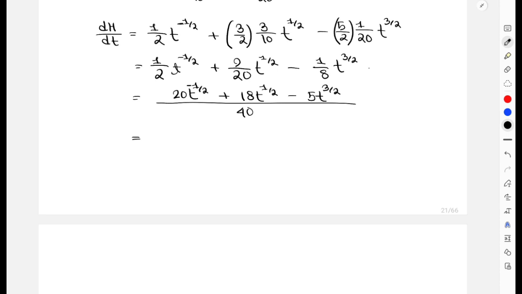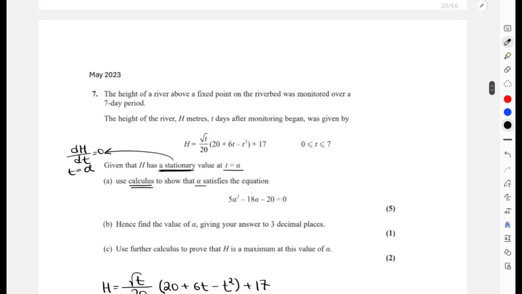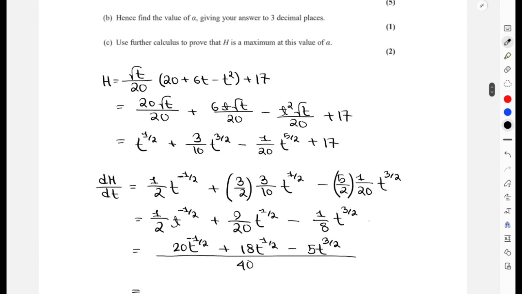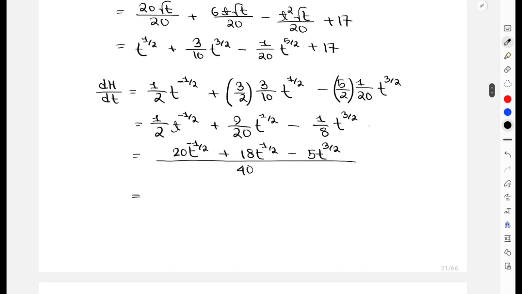Okay, wait, 1 minute. The format was 5a square, 18a, minus 20, right?